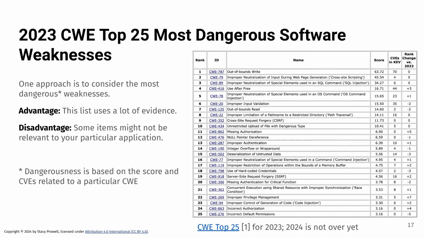What if you're not running a web server? Some of these just aren't necessarily going to apply. And so, that's a disadvantage. So maybe the top 25, you need to go a little further.